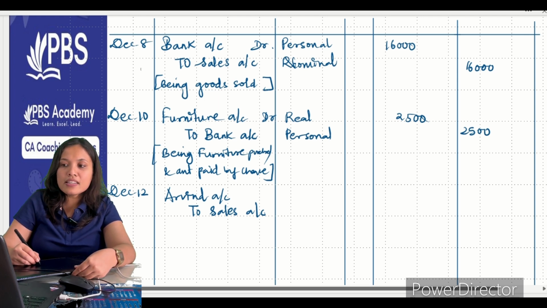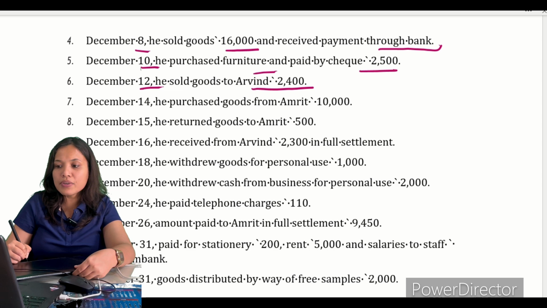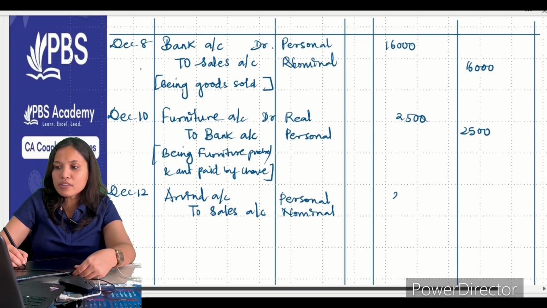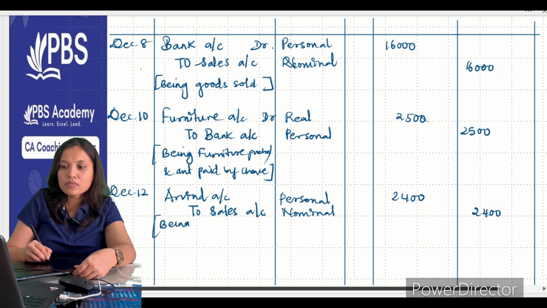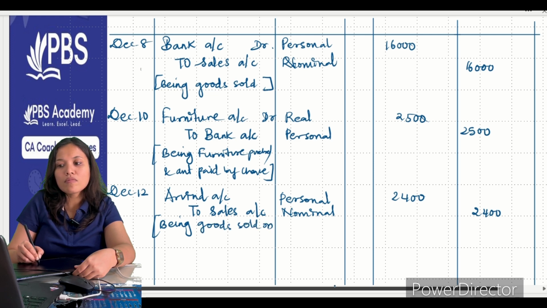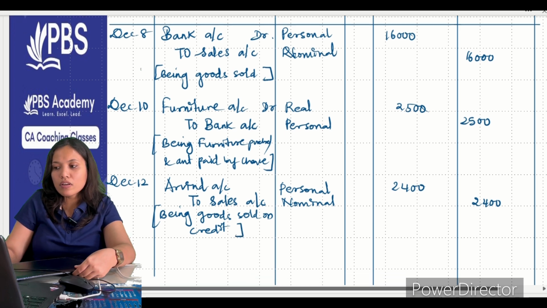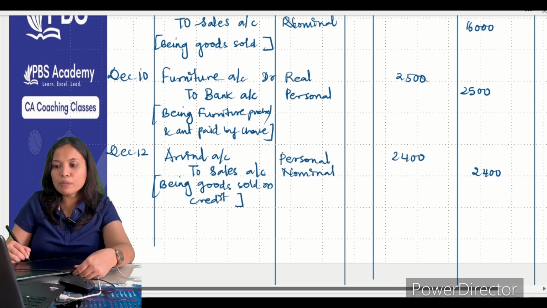Arvind is personal, sales is nominal. What is the amount of sales? 2,400 rupees. We can write the narration being goods sold on credit. Okay, I think you will be clear.